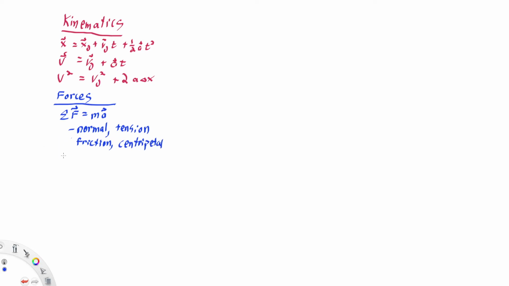Where the frictional force is equal to coefficient of friction times the normal force, or the quantity of frictional force. And this is always parallel to the surface. And the centripetal force, the amount of centripetal force we need to continue on a circular path, is mv squared over r. And that should always point toward the center.